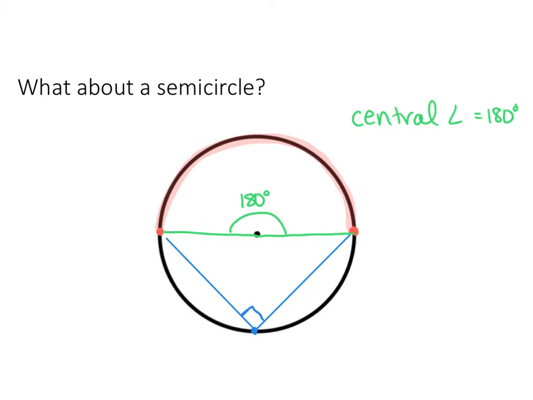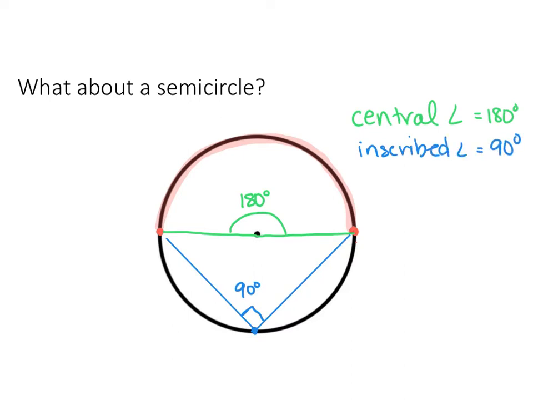And if you think about the relationship between the central and the inscribed, remember the central is double the size of the inscribed. So if I took the central, 180 degrees, and I divided it by 2, or split it in half, that gives me an inscribed angle of 90 degrees. So my inscribed angle is 90 degrees.